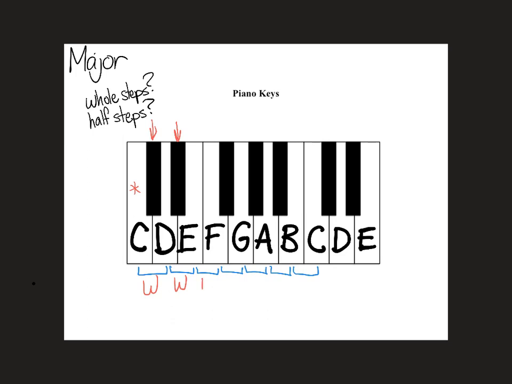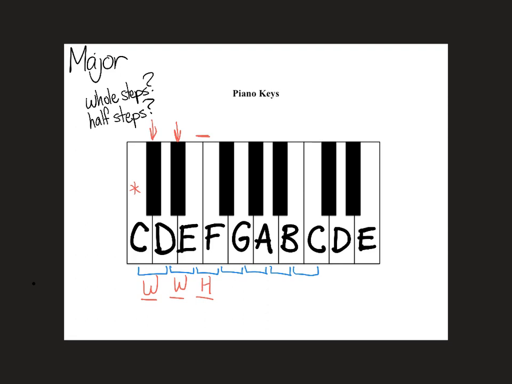That is a half step because there is no note in between E and F. So, going up the first four notes, starting on a C, we went up a whole step, then another whole step, and then a half step. And in a major scale, that's how you go from C to F.